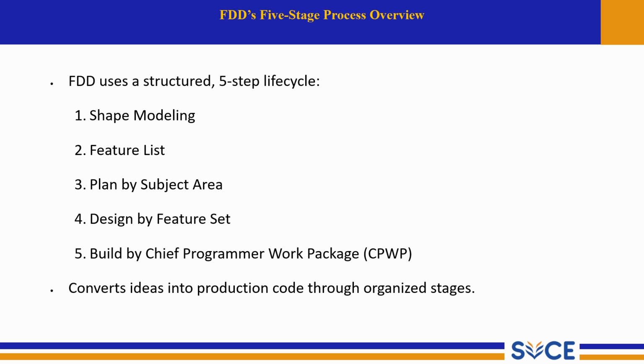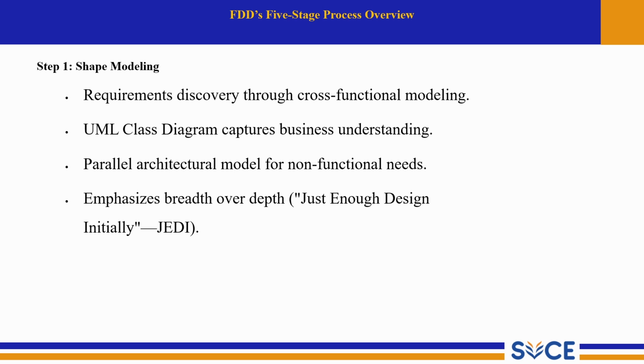Now let's dive deeper into step 1, that is shape modeling. Here the requirements are discovered through cross-functional modeling. This means both the business experts and technical team members work together to identify requirements, ensuring a shared understanding from the very beginning.